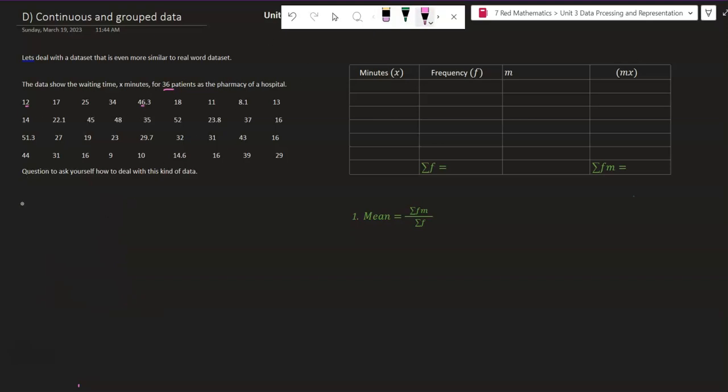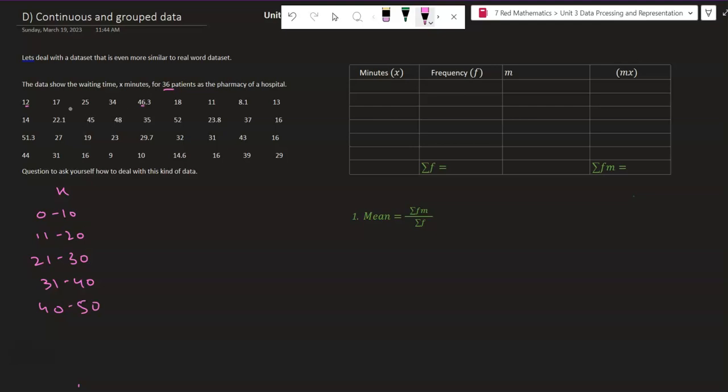We will say, okay, let's have x within the range of 1 to 10, then 11 to 20, then 21 to 30, 31 to 40, and 41 to 50.